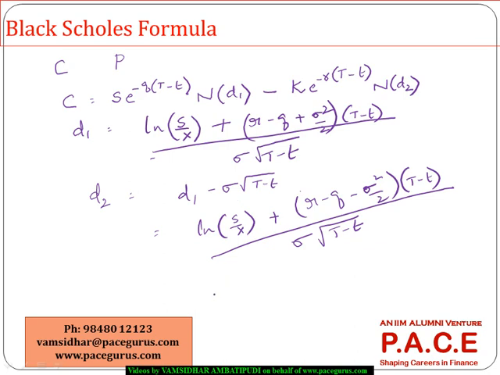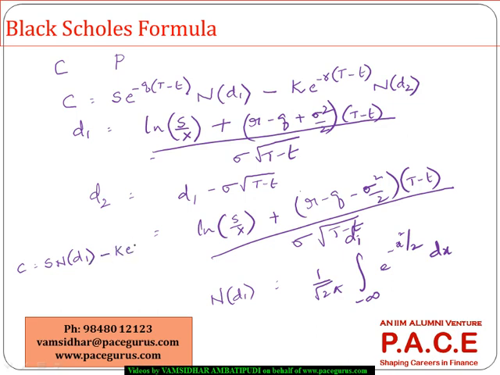Now, whatever we have got, N(d1) or N(d2), it's nothing but 1 by root 2 pi, integral from minus infinity to d1, e power minus x squared by 2 dx, which is nothing but a standard normal variable coming up. And in case this particular stock is paying no dividend, here the value of the call option becomes S times N(d1) minus K e power minus r(T minus t) times N(d2).